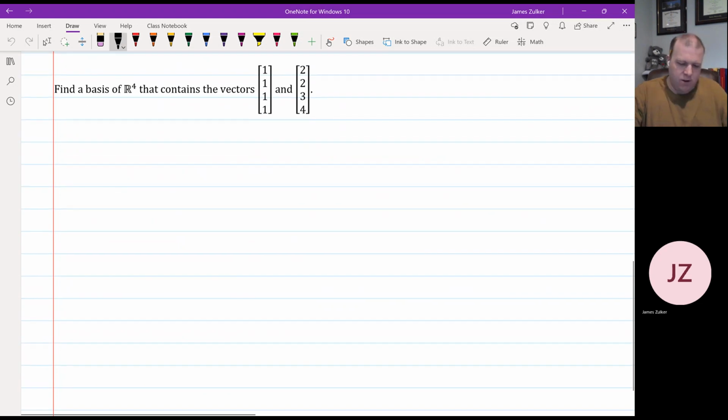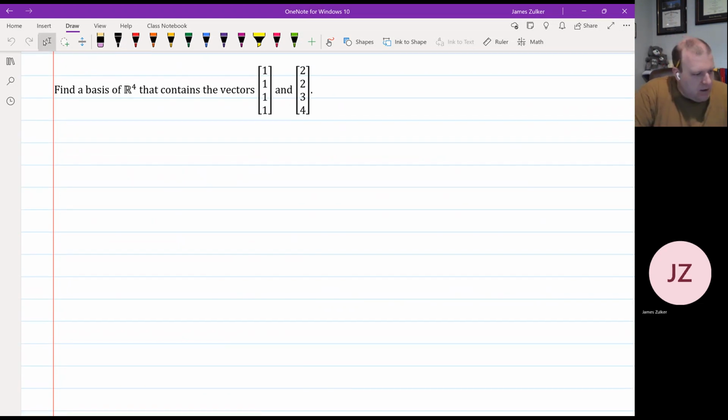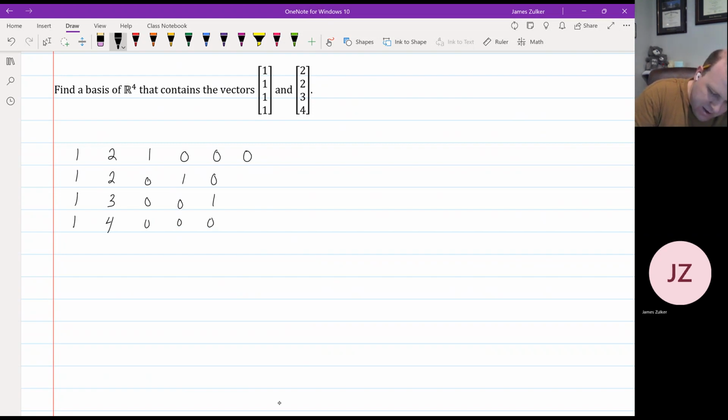And so we now want to find a basis of R4 that contains these two vectors. So what we want to do here is set up a matrix where those two vectors are the first two columns, and now choose any basis of R4. Well, the standard basis will work: 1, 0, 0, 0, 0, 1, 0, 0, 0, 0, 1, 0, 0, 0, 0, 1.